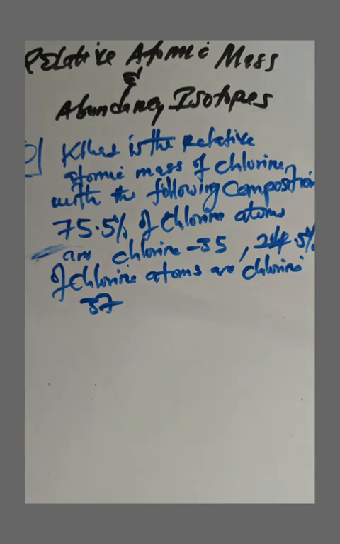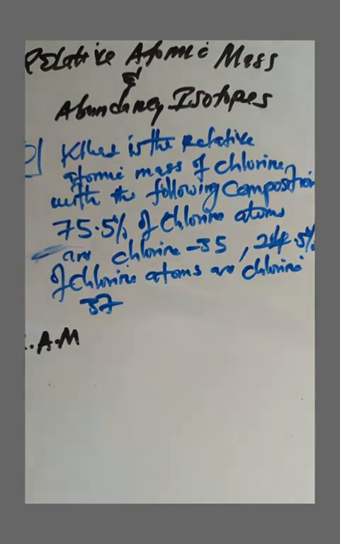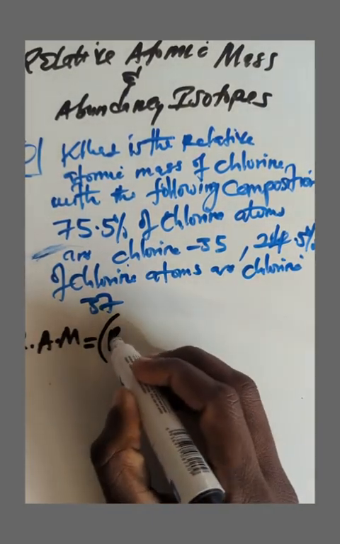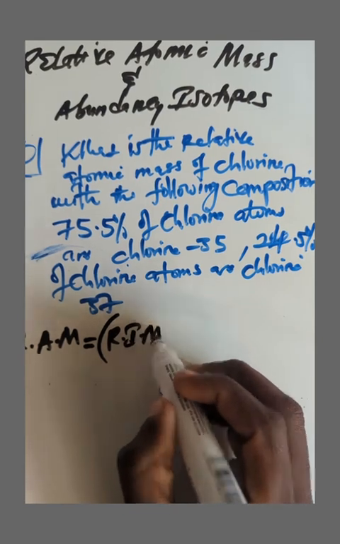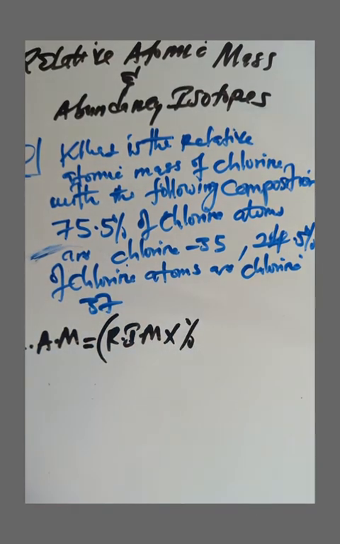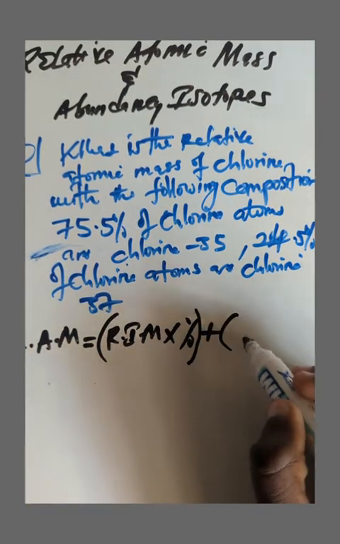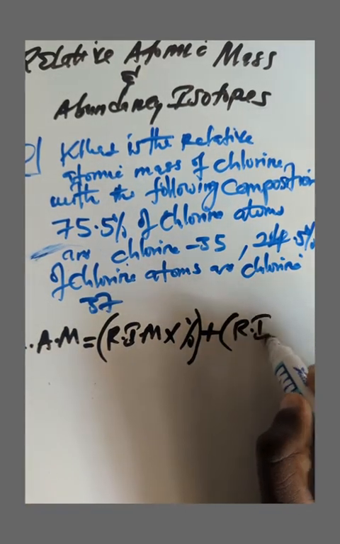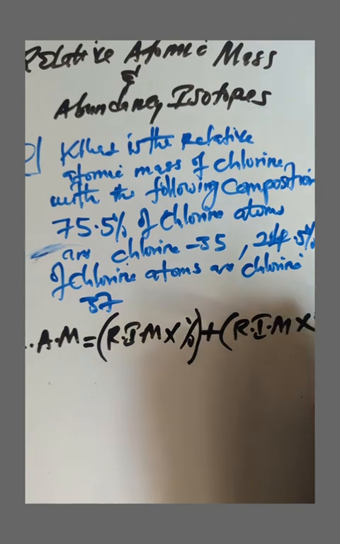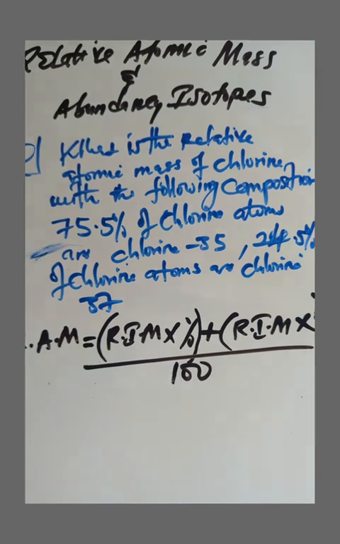The formula for the relative atomic mass is: the relative isotopic mass multiplied by the percent abundance, plus another relative isotopic mass multiplied by its percent abundance, then everything divided by 100.